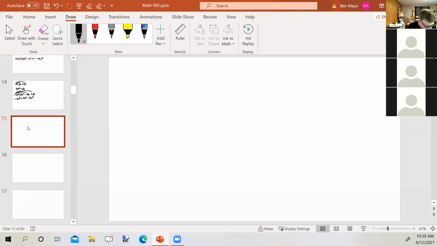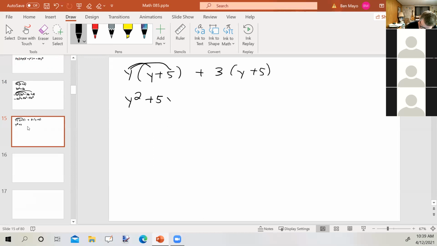let's say we've got y times y plus 5 plus 3 times y plus 5. So we're going to distribute y through the first binomial. We get y squared plus 5y.